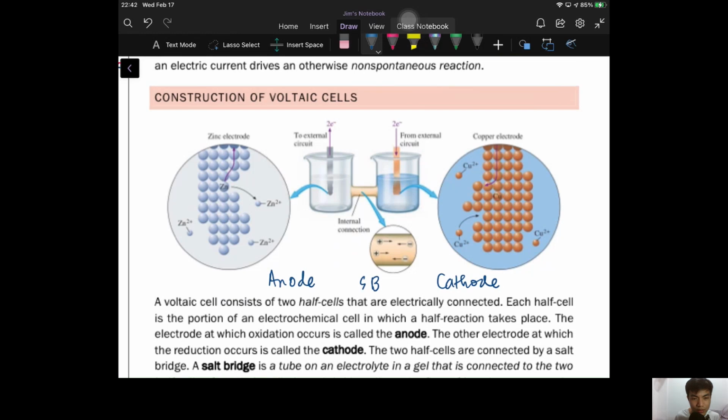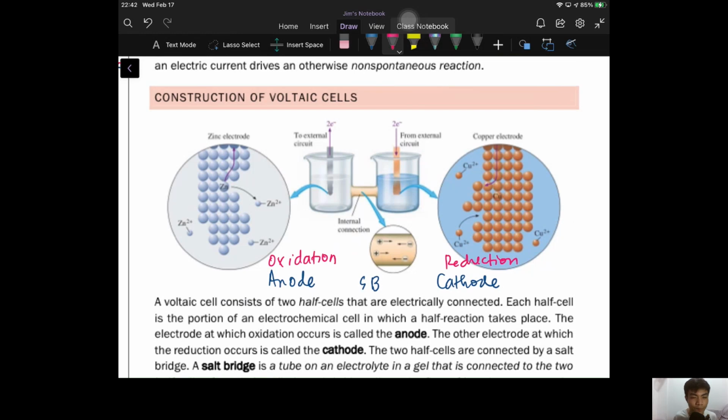Yung cathode reaction nasa right side. Ang nangyayari sa anode is that dito nangyayari yung oxidation. That's why nililabel natin kung sino yung oxidation, sino yung reduction. Kung sino yung half equation na oxidation, siya yung nasa left side ng voltaic cell. Then, kung sino yung reduction, siya yung nasa right side, doon sa cathode.